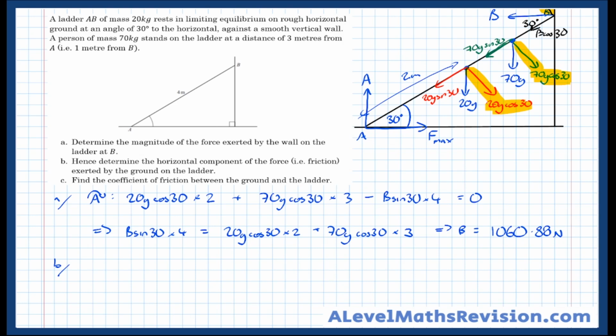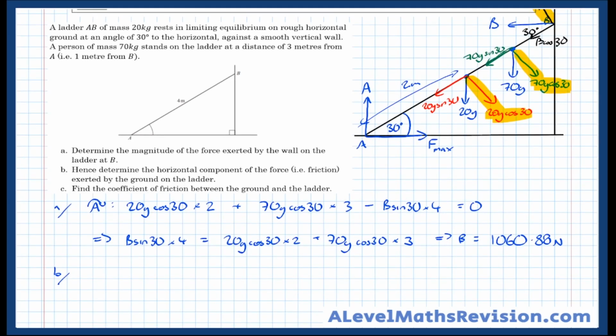So if we think back to our original diagram, just the blue forces, the only force acting to the left was B, and the only force acting to the right was F. So we resolve just horizontally, we see that all the forces in the positive direction, F max, take all the forces acting in the negative direction, 1060.88, equals 0. So quite an easy one, that one. The maximum friction is 1060.88 newtons also.